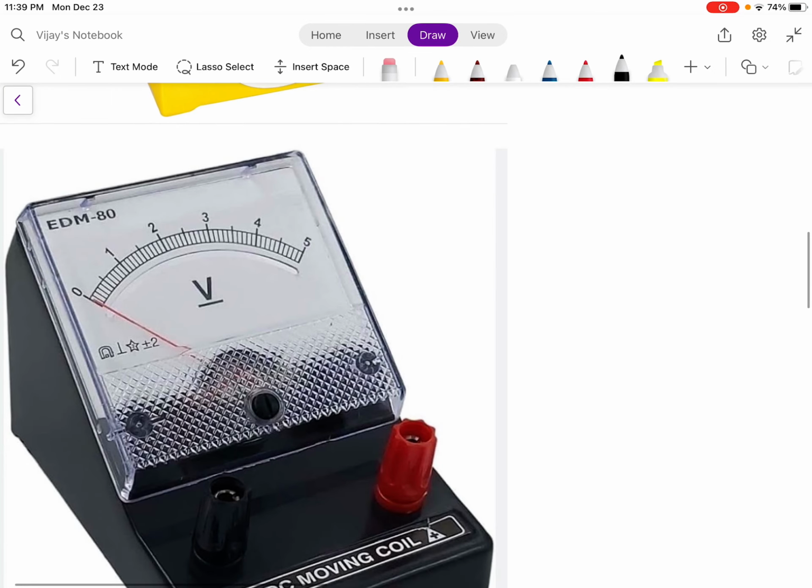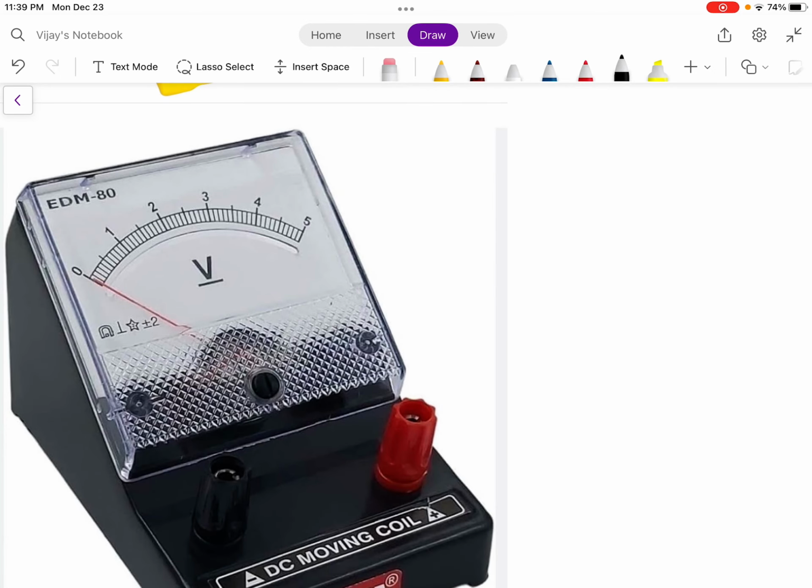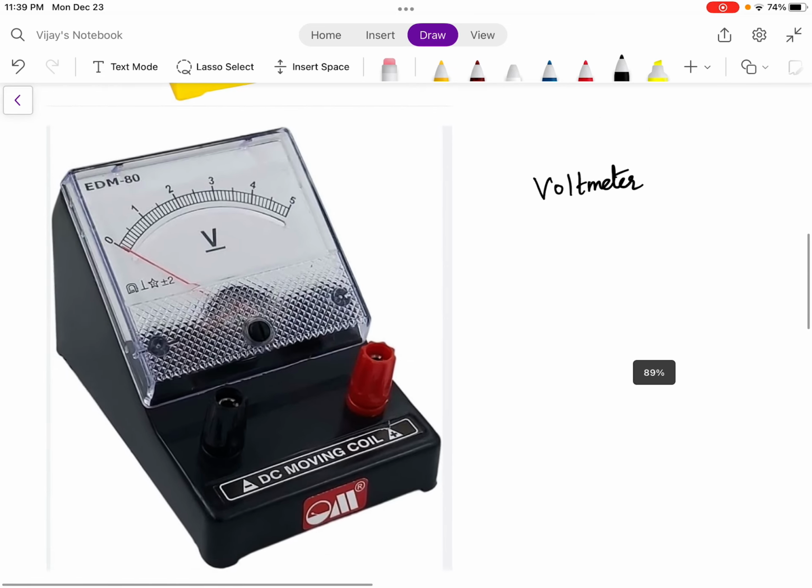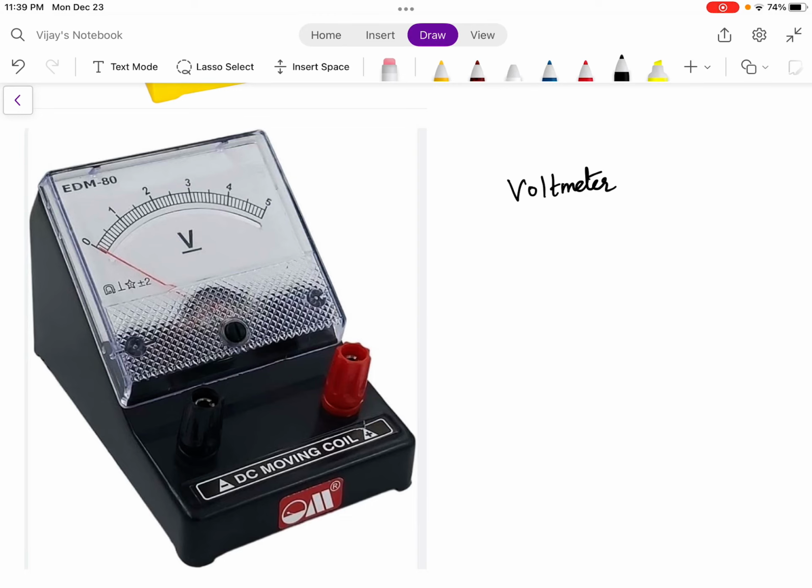Now you might have also heard about voltage, potential difference. The potential difference between 2 points, or the voltage between 2 points, can be measured by a device called a voltmeter. Again, it also has two terminals, positive and negative. Positive is generally shown by plus, in red color, and negative is generally shown in black color.